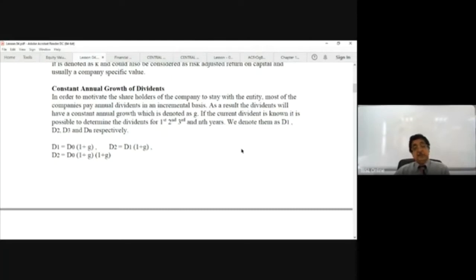And at the same time, there's another assumption. That assumption is every year the dividends grow by a certain rate, and that rate is a constant rate for each year.